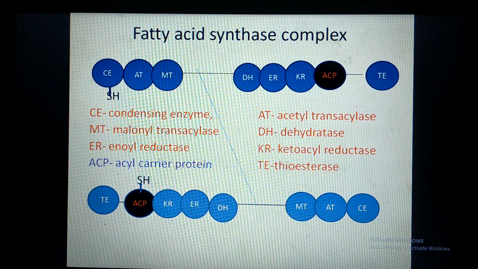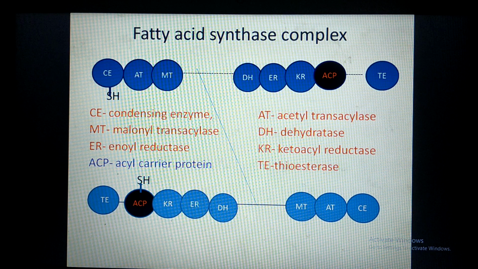In the second subunit, if you see, the same 7 enzymes are present and the same 3 domains are present, but these domains are reciprocal to the first subunit. Therefore, the condensing domain of one subunit and the reduction and releasing domain of another subunit come close to each other. Now, this fatty acid synthase complex synthesizes 2 fatty acids at a time because it has 2 subunits.